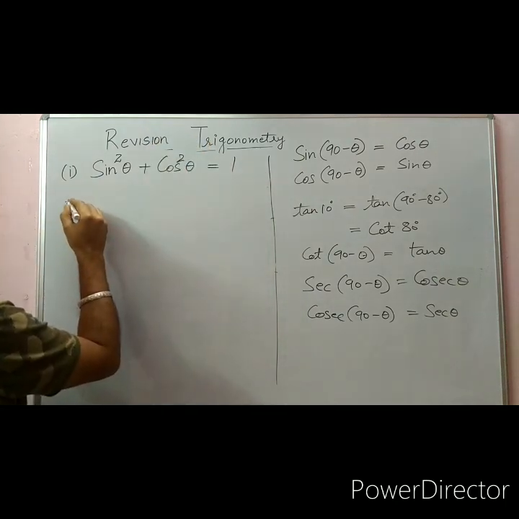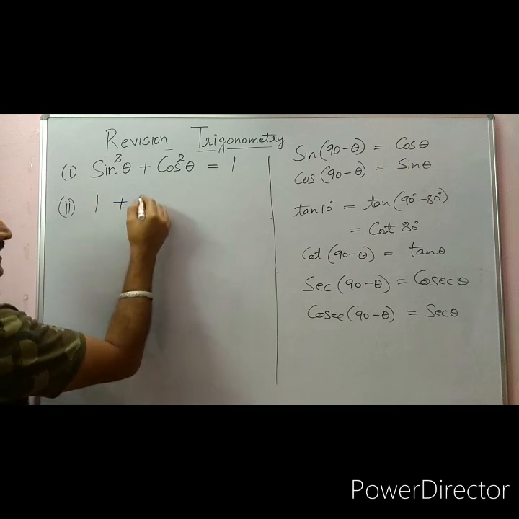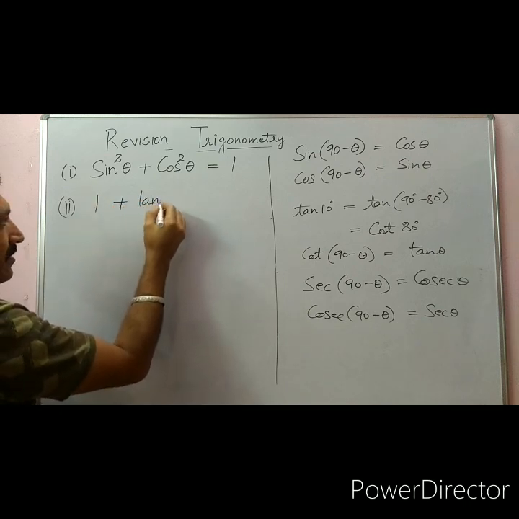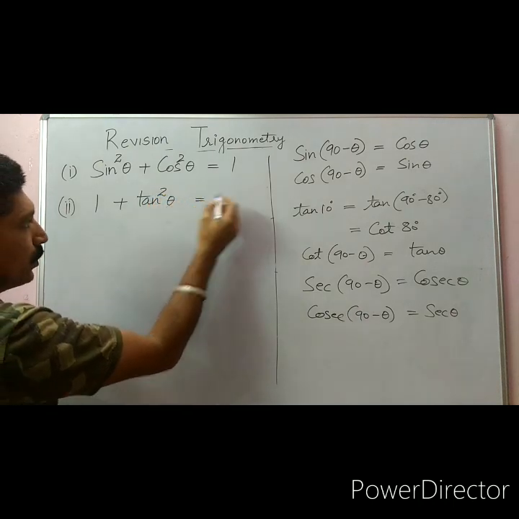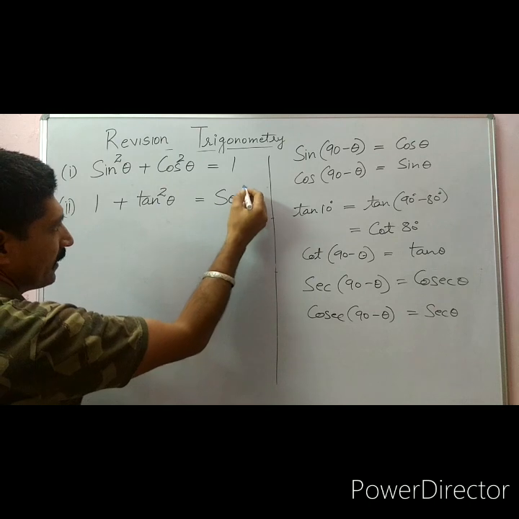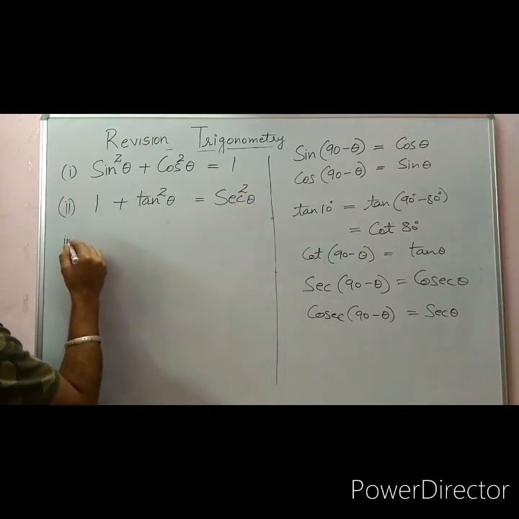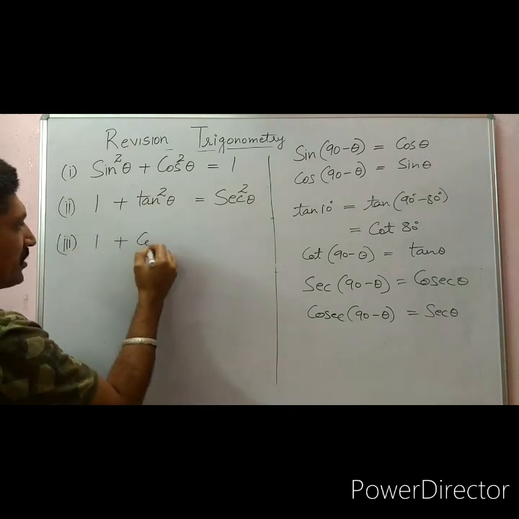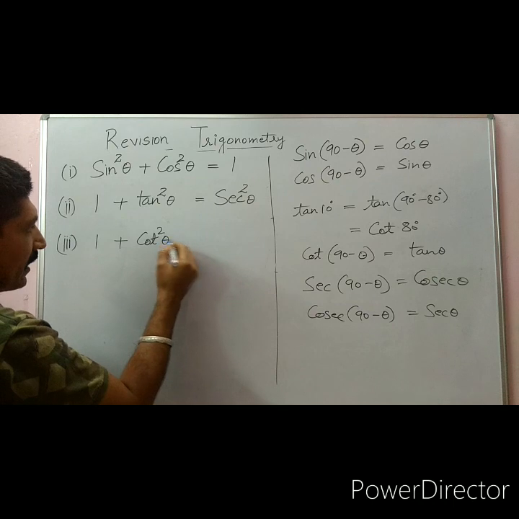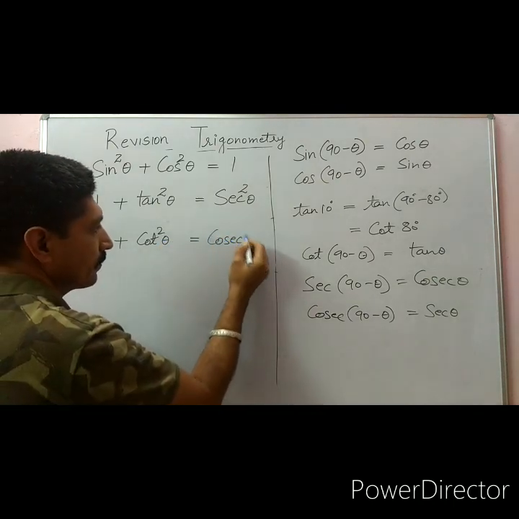Second one, that is 1 plus tangent square of theta is equal to secant square of theta. And the third one, that is 1 plus cotangent square of theta is equal to cosecant square of theta.